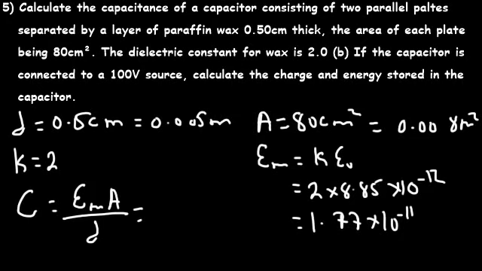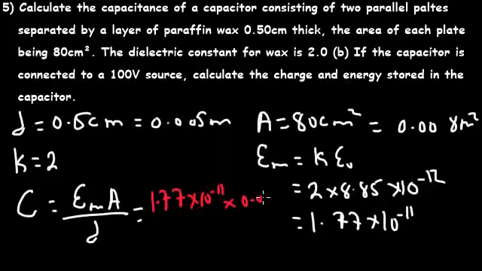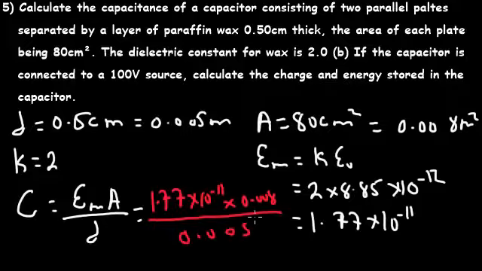Now let's substitute. So we have 1.77 times 10 to the power of negative 11 multiplied by A, which is 0.008, divided by D, which is 0.005.